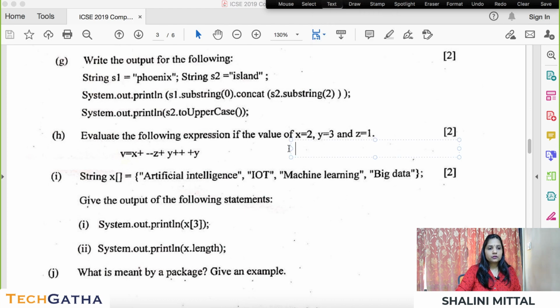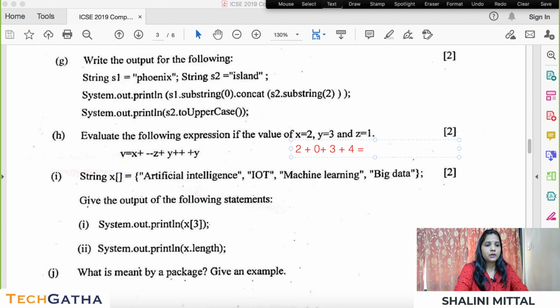So, say for example with this one, your x is 2 plus minus z, so z is 1, minus z is 0, plus y plus its post increment, so y will be 3, plus, now after post increment, again when you use y, it increments the value of 3 to 4. So write these expressions, and then when you solve, it becomes easier.